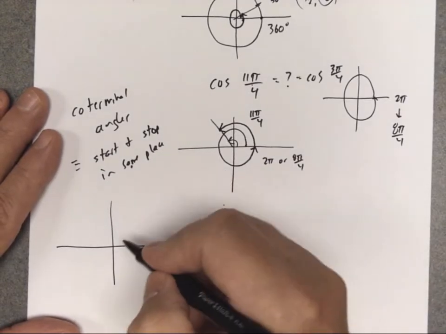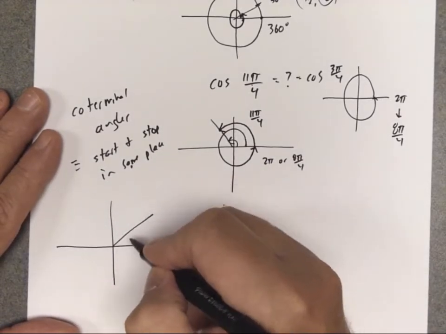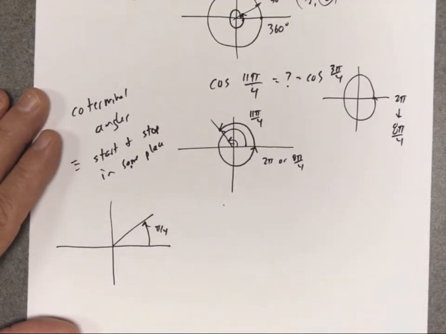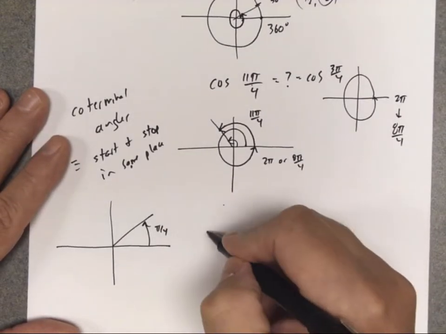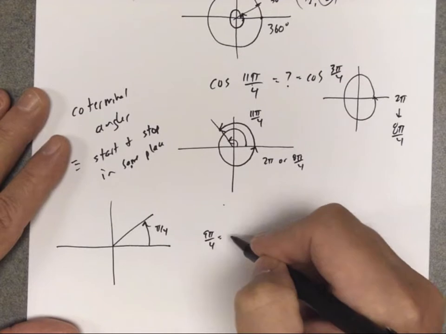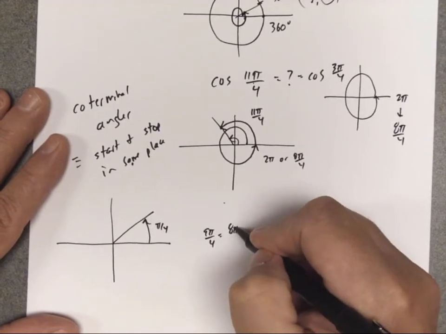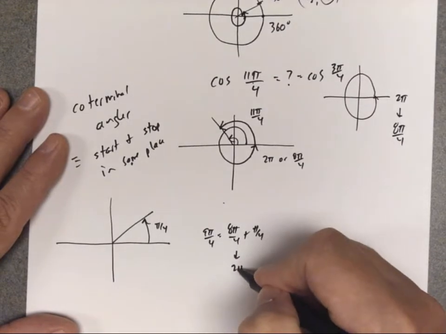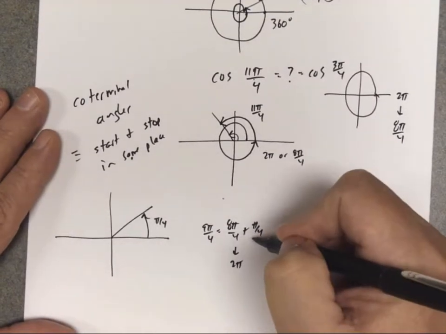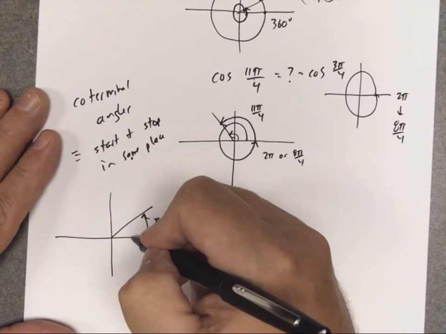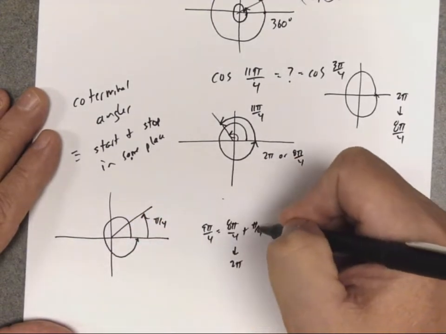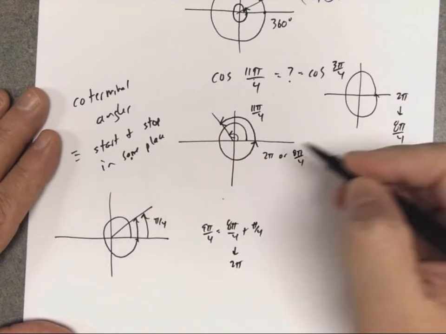How about I look at pi over 4? There's a pi over 4 angle. And then I look at 9 pi over 4. 9 pi over 4 is 8 pi over 4 plus pi over 4. 8 pi over 4 is 2 pi. If I want to draw a 9 pi over 4 angle, there's 2 pi, and then I have to go pi over 4 more.